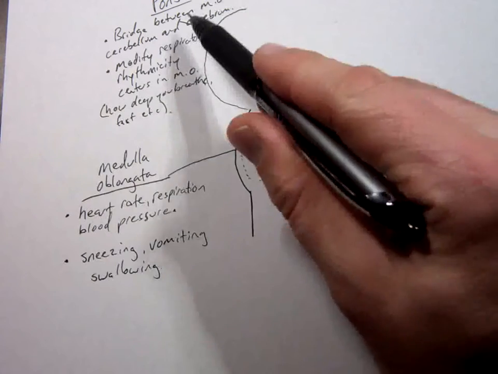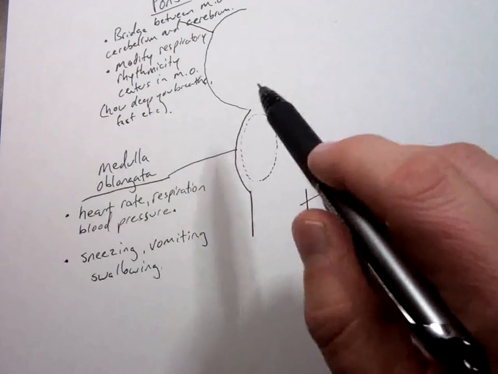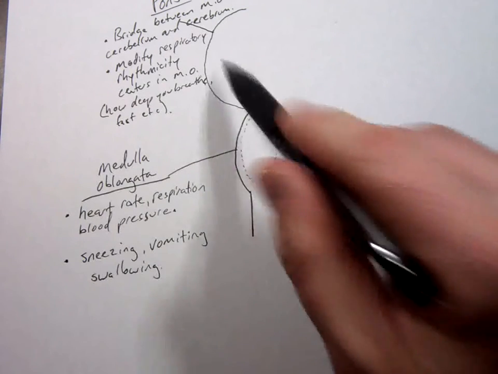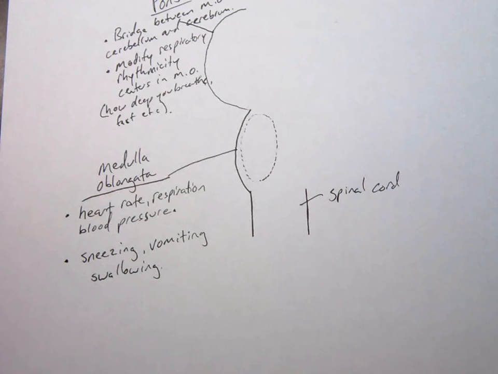It's very important. Another thing to know about these two is that there are these things called cranial nerves. There are 12 pairs of them that control, conduct, and sense everything from smell, taste, hearing, sight, so on and so forth, as well as moving your eyes and moving your jaw.